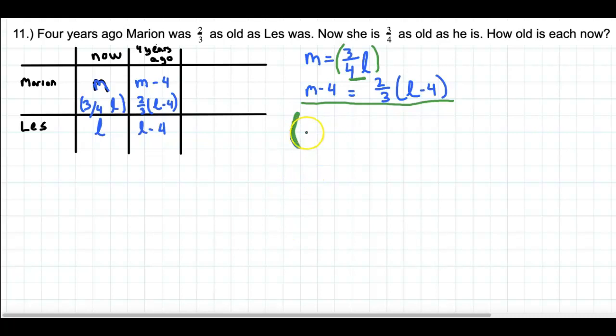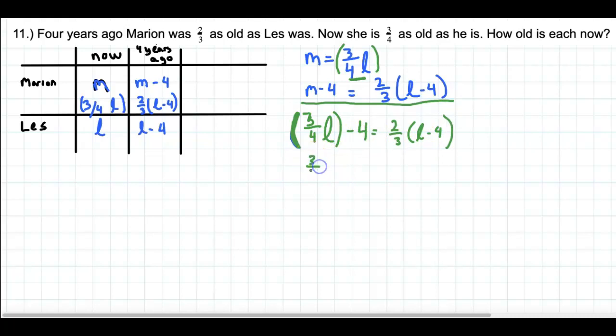Alright, so what did I say it was? 3/4 L. That's equal to M. So I substituted that. Minus 4 is equal to 2/3 of L minus 4. Okay, so let's go ahead and expand where we can.